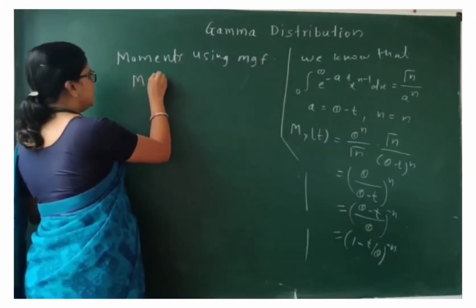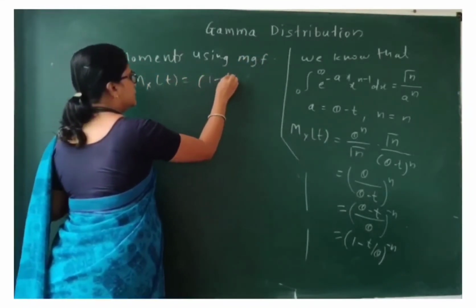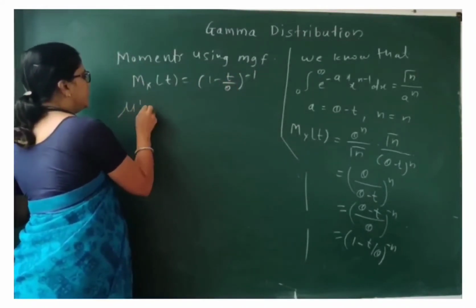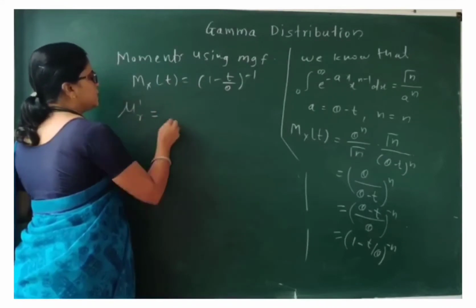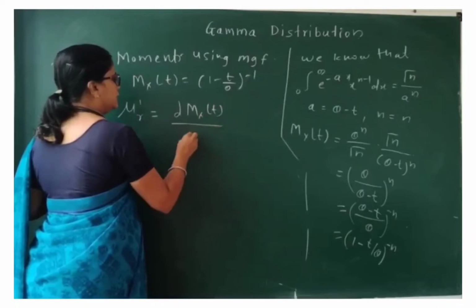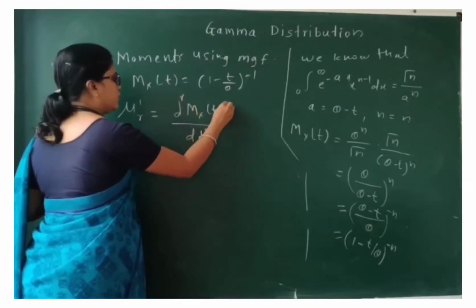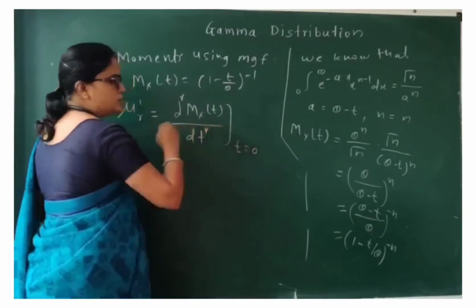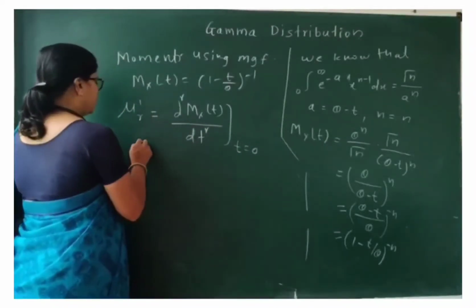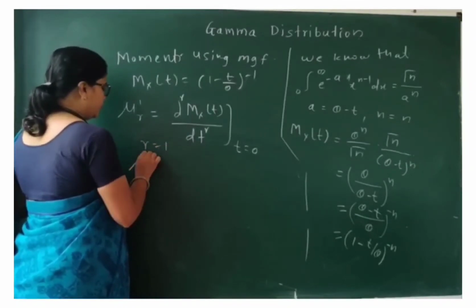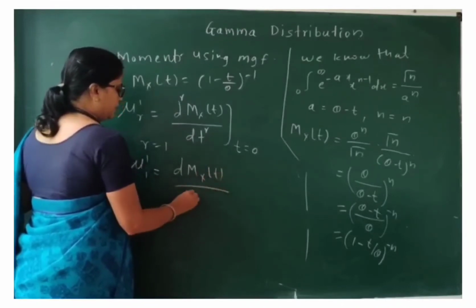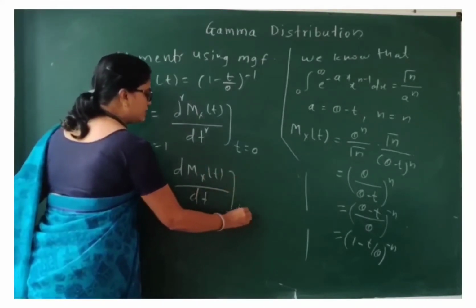So M_X(t) over here is 1 minus t by theta raised to minus 1. To find mu1 dash, the formula is the rth derivative of M_X(t) with respect to t, and t is equal to 0. We need to put the value of t as 0 after taking the derivative. So if I put r equal to 1, we get mu1 dash, and mu1 dash is dM_X(t)/dt.